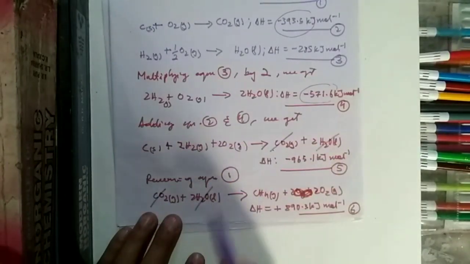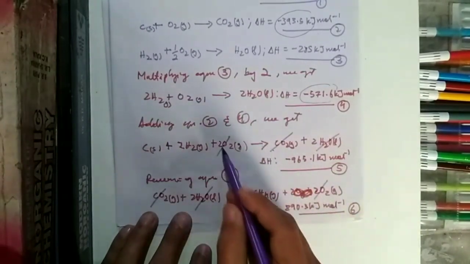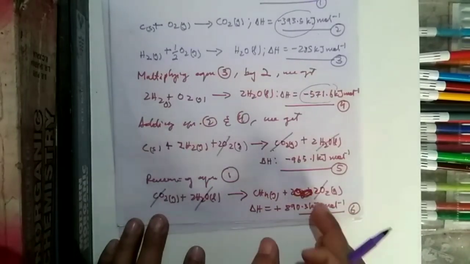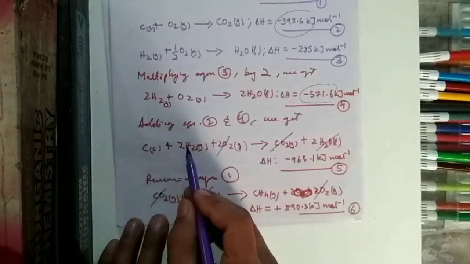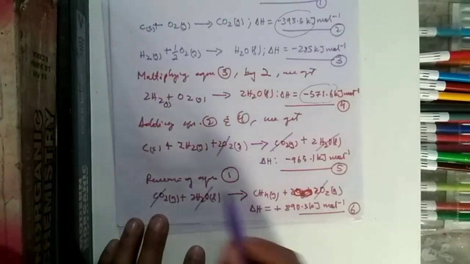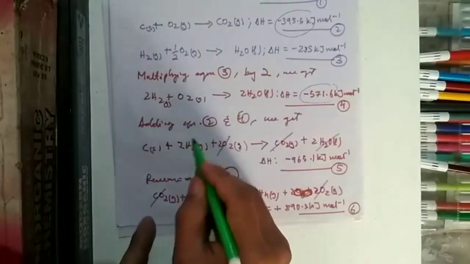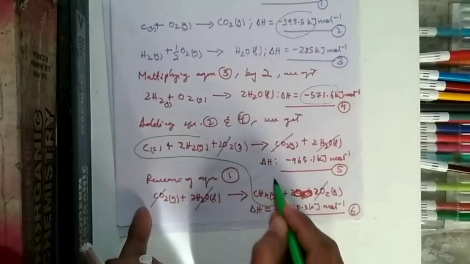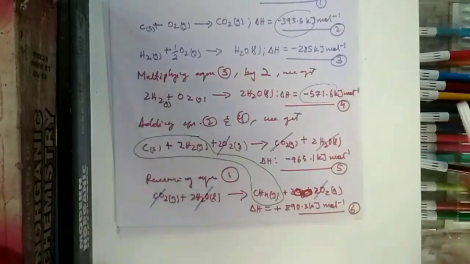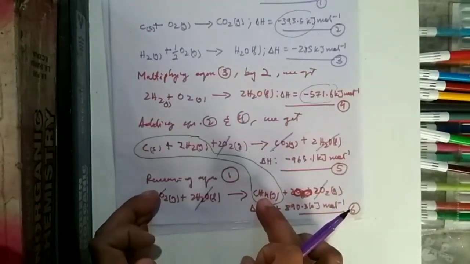H2O and H2O cancel, and then 2O2 and 2O2 cancel. So what remains here is carbon plus 2 moles of hydrogen, and then this one. Only these three remain, and these three will be the required reaction.